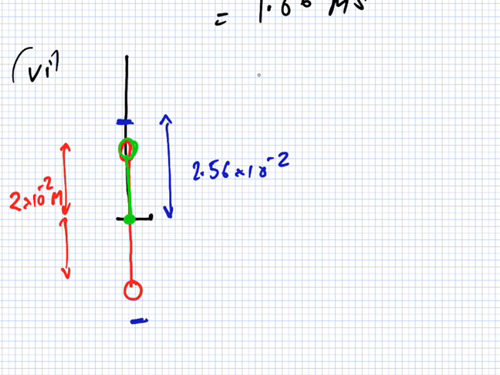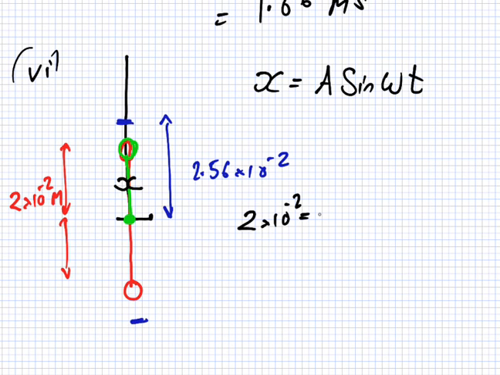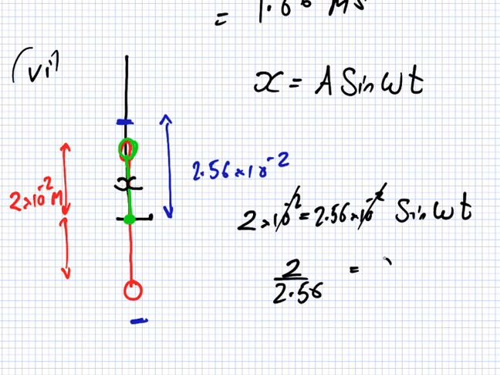The formula is x equals A sine omega t, where this is the x here. So you would have 2 times 10 to the minus 2 equals A, which is 2.56 times 10 to the minus 2, sine omega t. So you could get 2 over 2.56 equals sine omega t. So we can then do sine inverse.